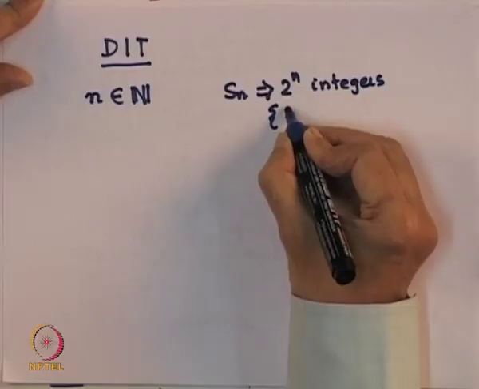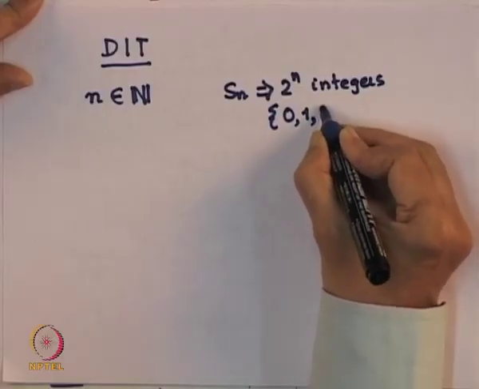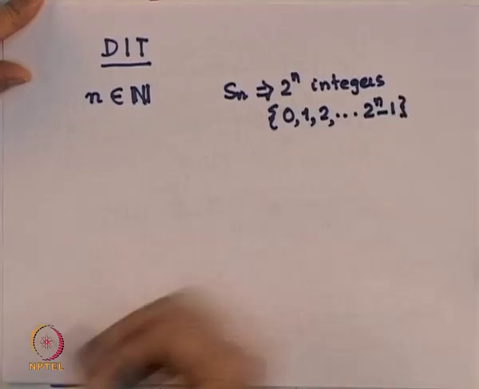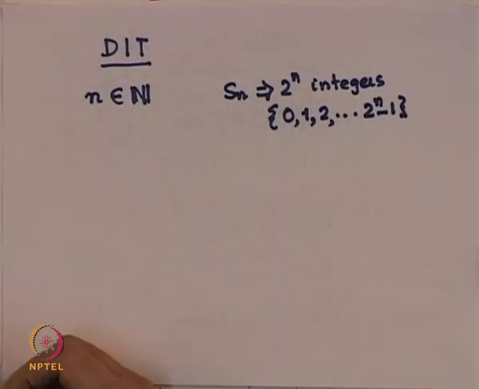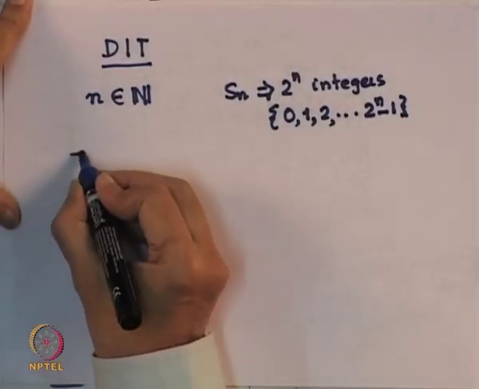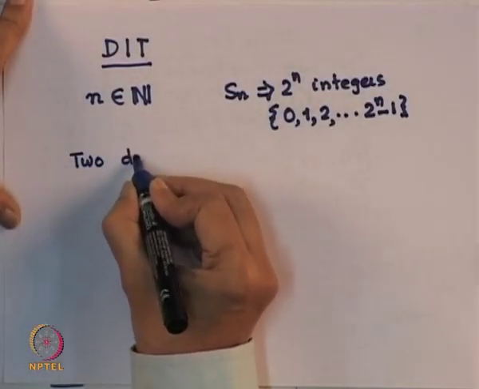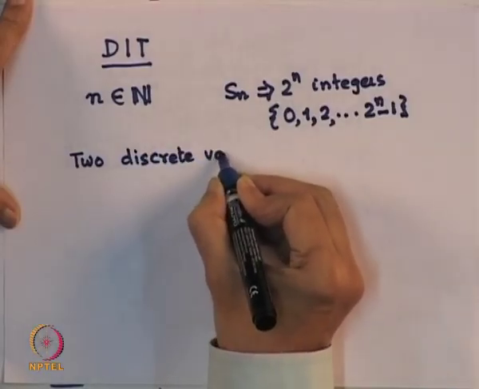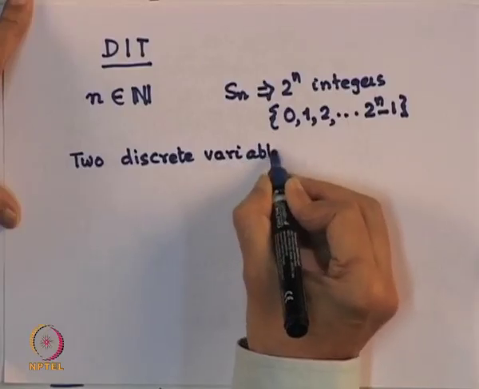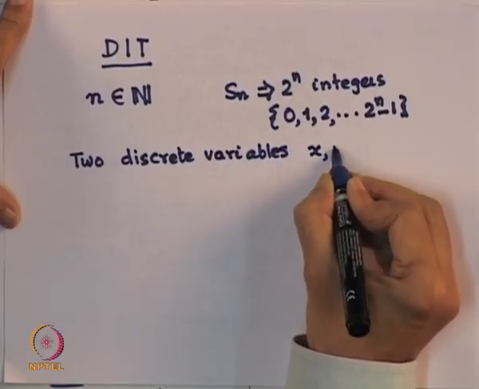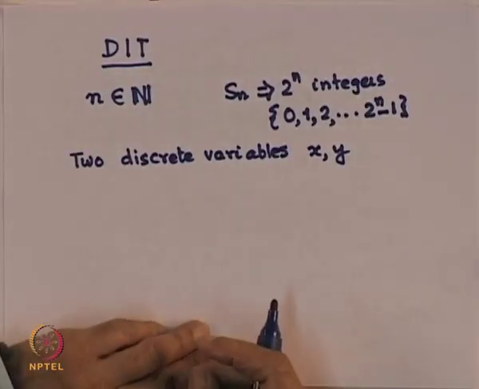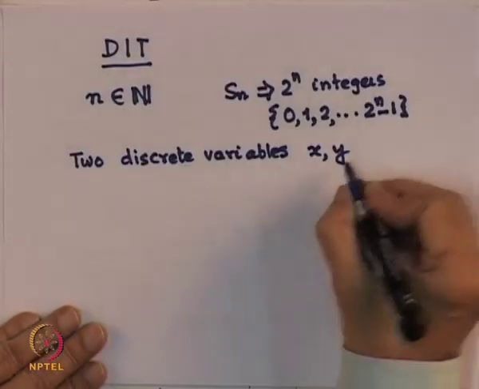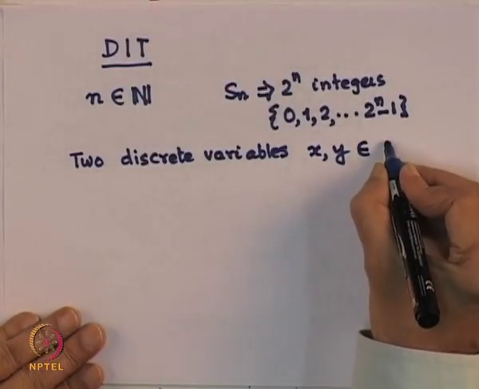So this is a set consisting of 0, 1, 2, etc., up to 2 to the power n minus 1. Now let me take 2 discrete variables belonging to this set. Let me call one of them x and the other one y, each one of which can take these values 0, 1, 2, up to 2 to the power n minus 1. So x, y belong to my set Sn.